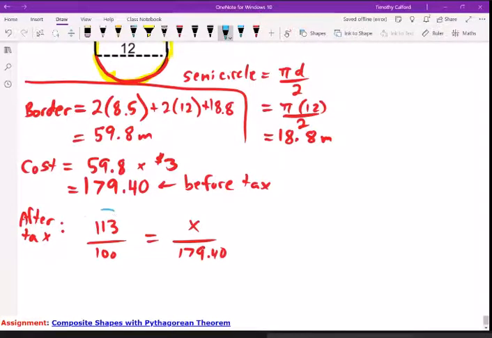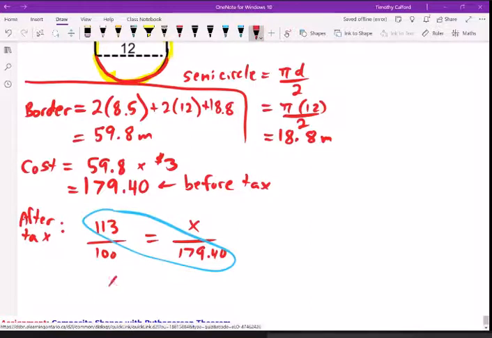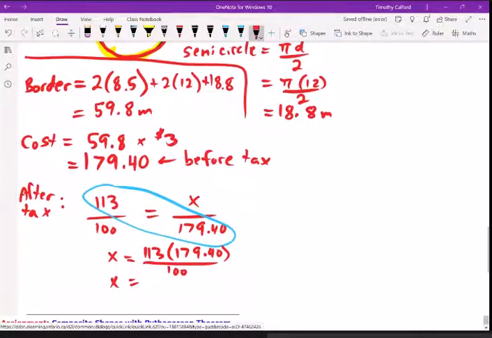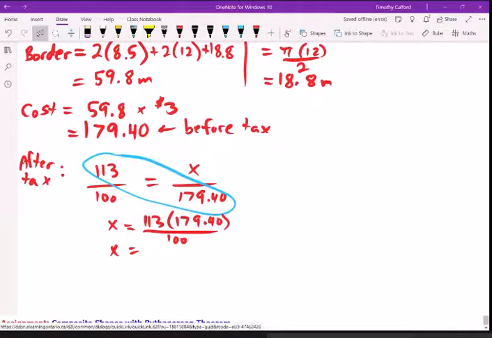And we could multiply these across from each other. So multiply and divide by the one across from the x. And we would get x equals 113 times 179.4 divided by 100. And we realize this is $202.72.